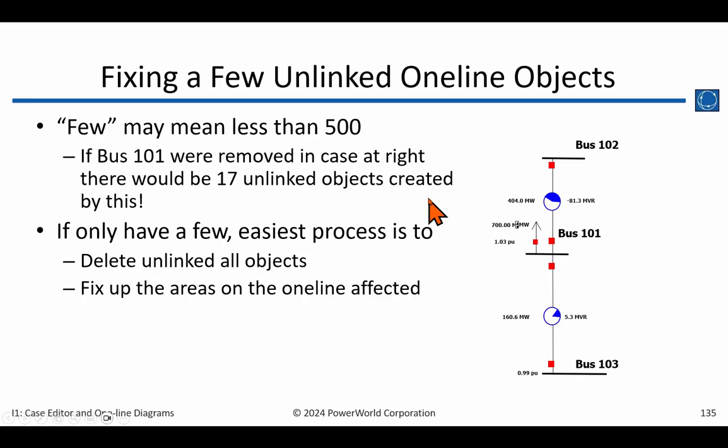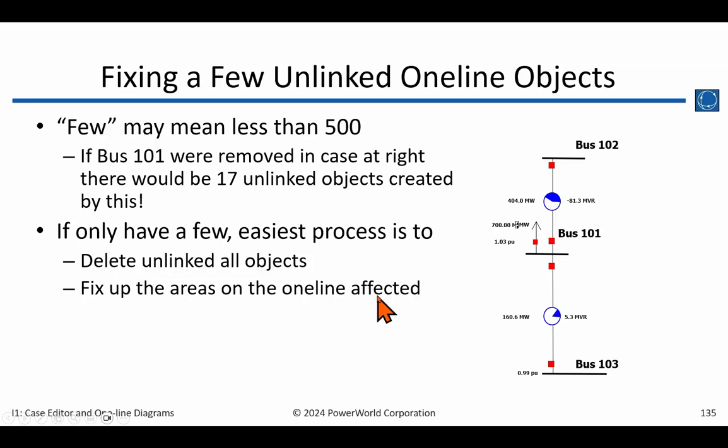You could also have a situation where there are things in your new case that don't exist on your one-line diagram. So you could start the procedure by getting rid of all the unlinked objects like we just did, and then cleaning up the one-line diagram by adding the objects that need to be added.